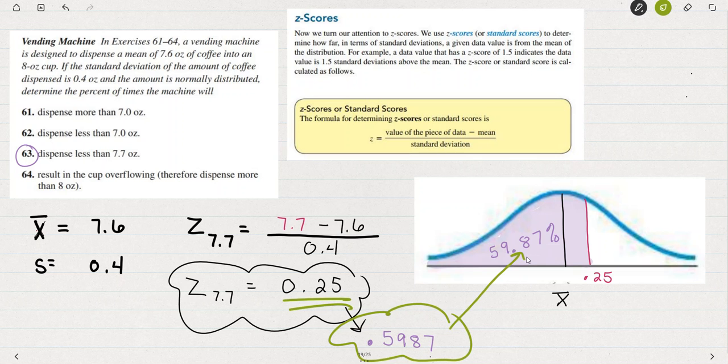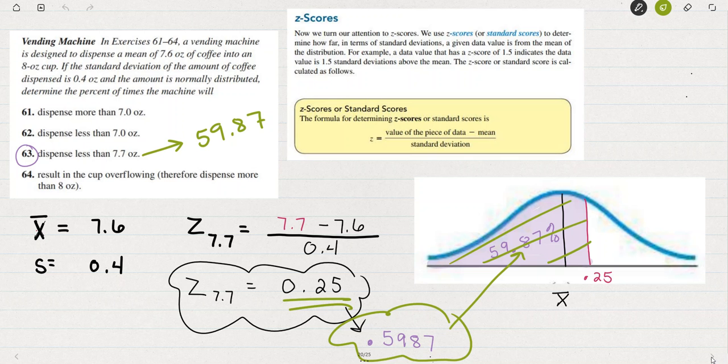So what happens to the left of a 0.25 z-score is 59.87%. And so that is the answer to number 63. There's no further calculation we need to do because the chart just flat out gives us the value for what happens to the left of the z-score.